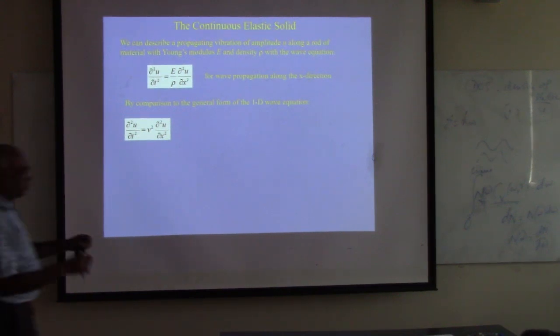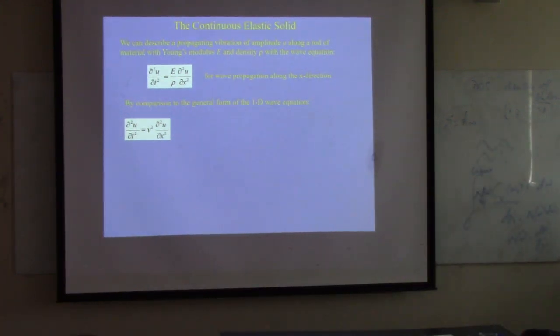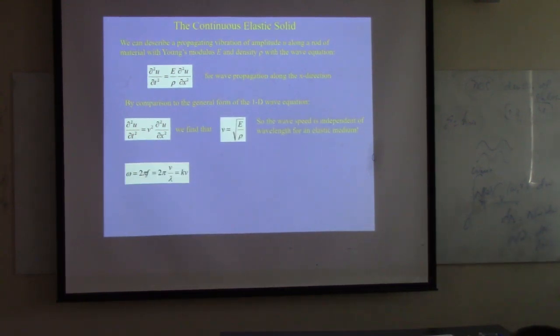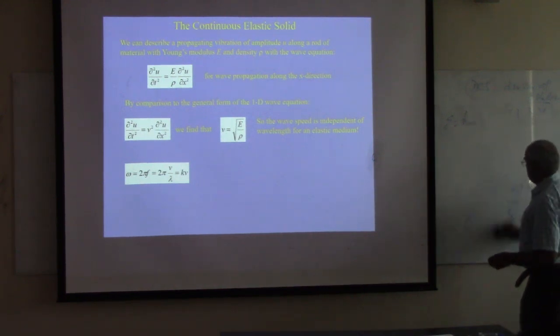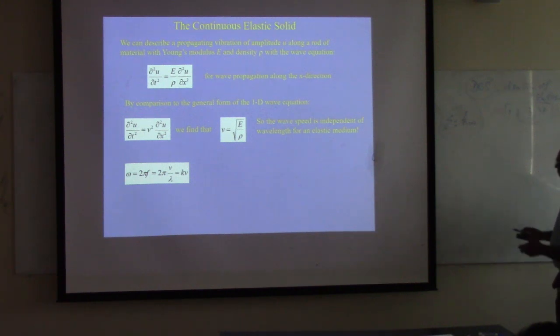So if you assume your crystal to be an elastic medium, that is your velocity. Then if you know the velocity, you can define your angular frequency. Omega is 2 pi times frequency, right? Then frequency is given as velocity divided by your wavelength, right?